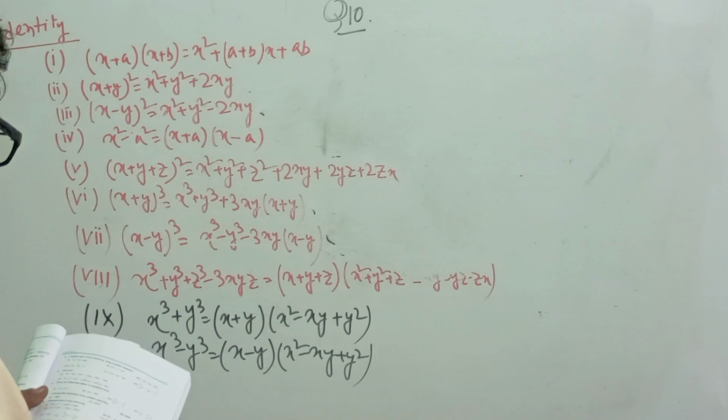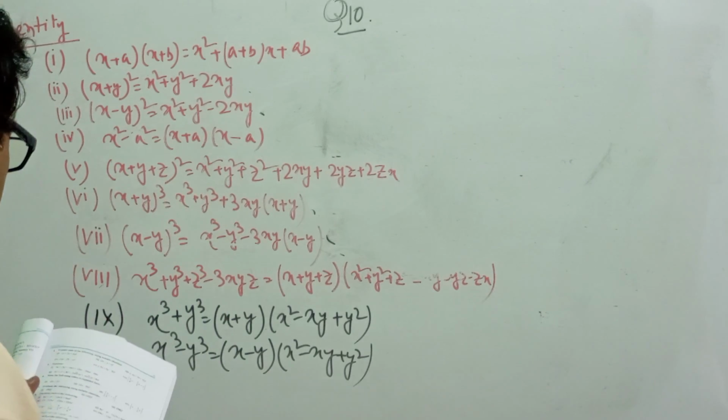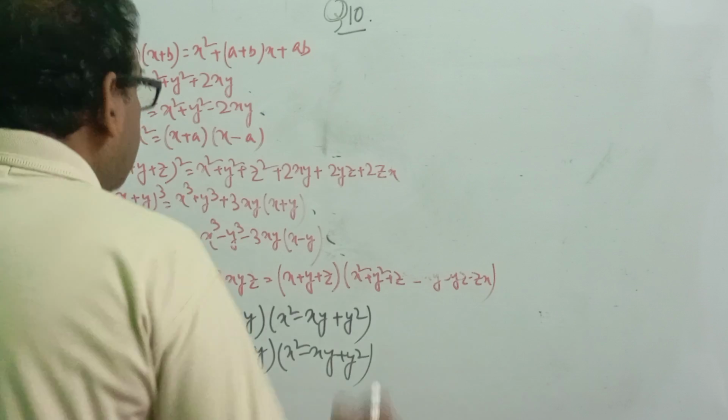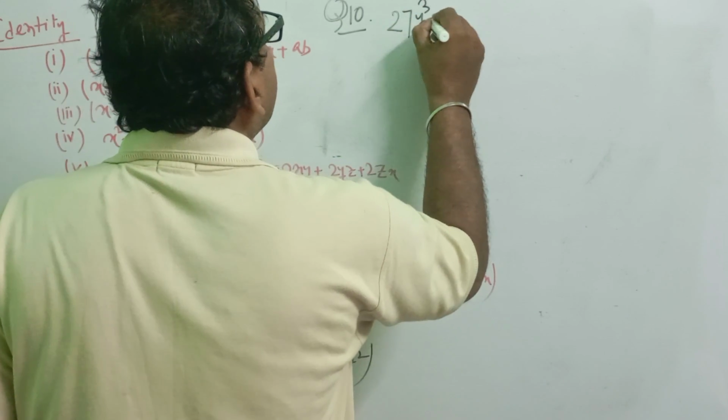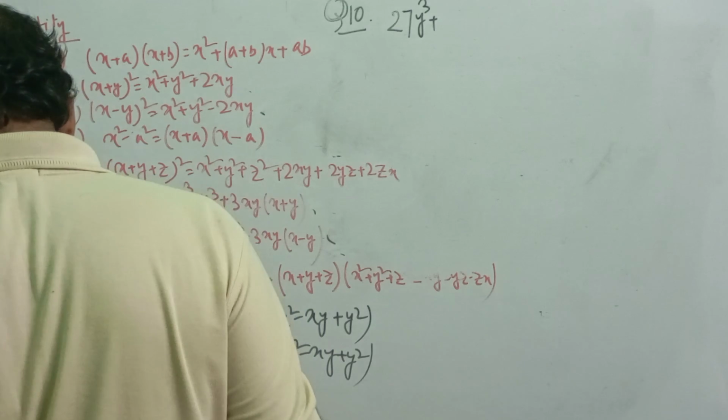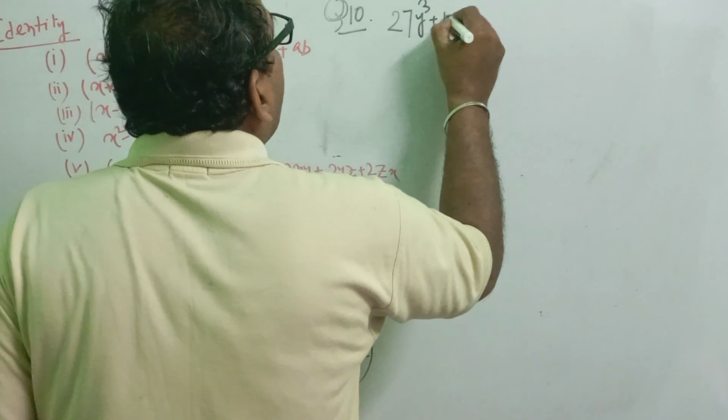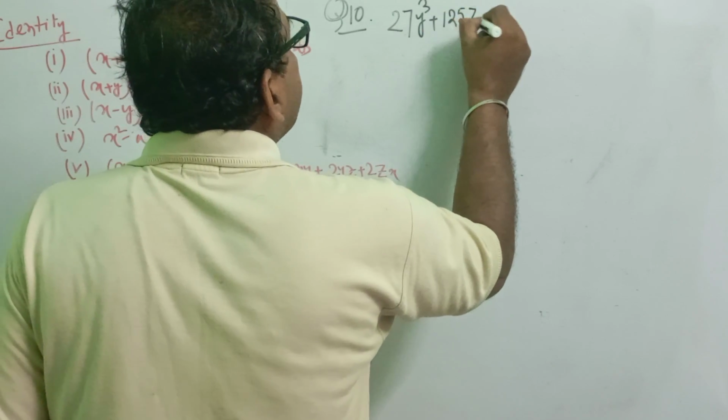What have they said in question number 10? Factorize 27y cube plus 125z cube.